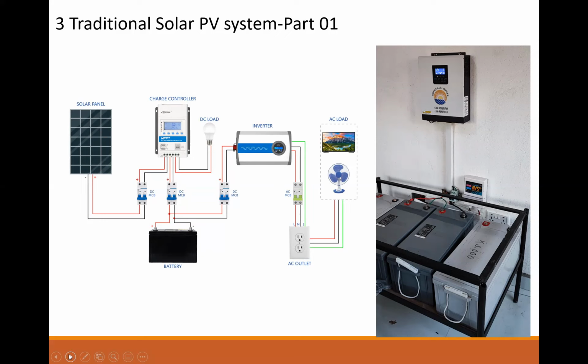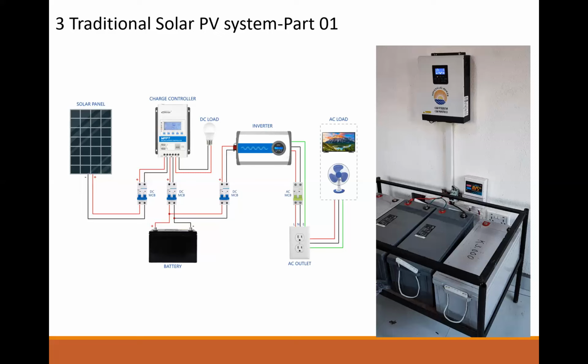This also gives us a requirement on the protection aspect of our system, because our solar PV system is essentially a complete power system which should have power reticulation and protection of the components and also the loads that are going to be connected. So this is an example of the traditional power system.